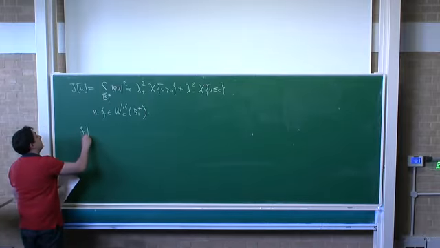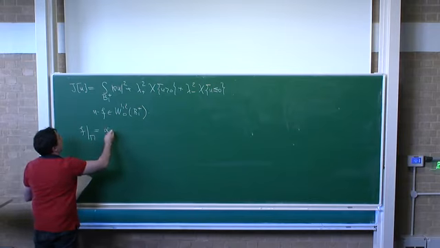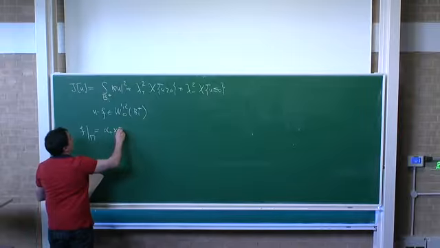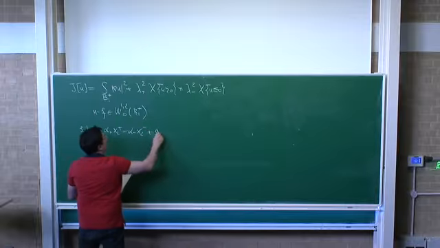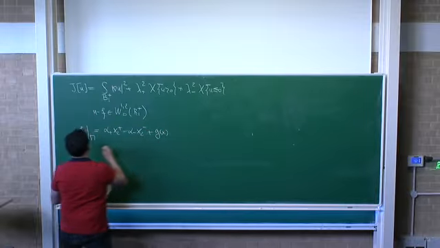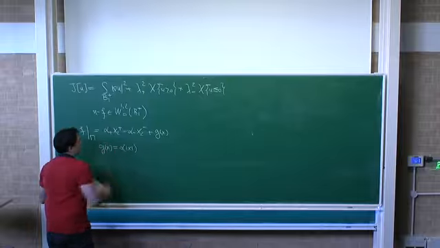In other words, the restriction of F on π is going to be something like alpha plus x2 plus, minus alpha minus x2 minus, plus some g(x), where g(x) is of order small x.